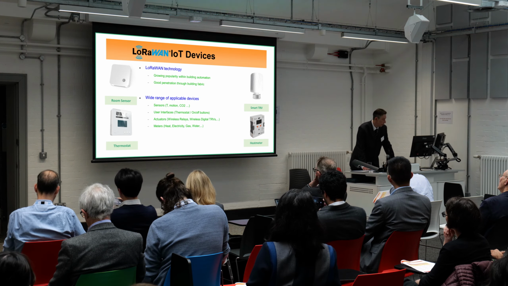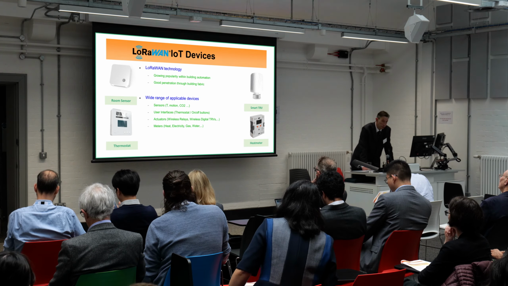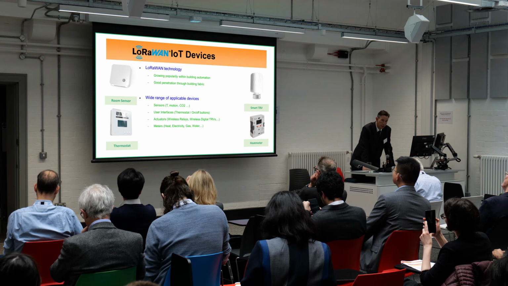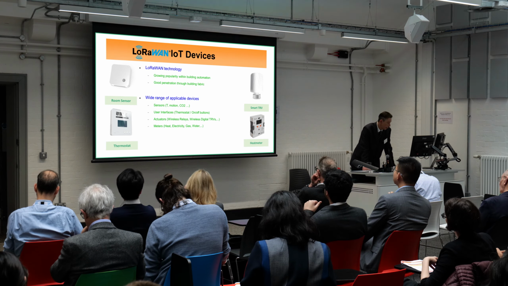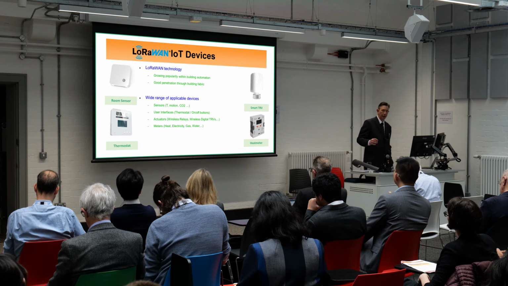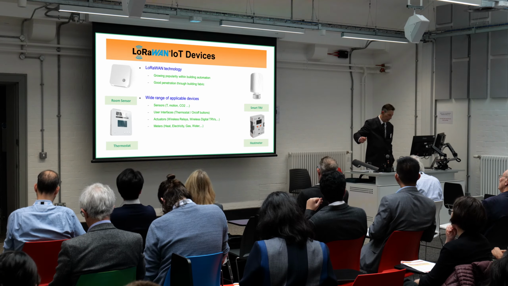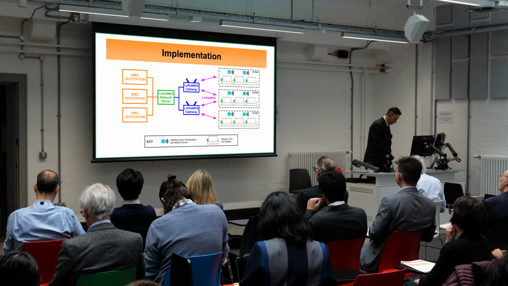So temperature, motion, CO2, lots of air quality sensors, remote relays, remote TRVs, and metering. Effectively all the things in the BMS which are really hard to get to because you've got to run long wires out of the plant room to get to them.